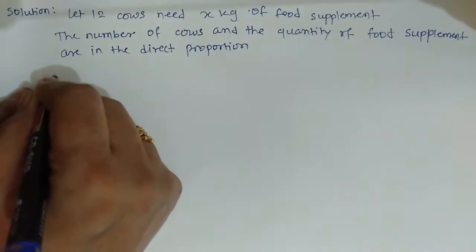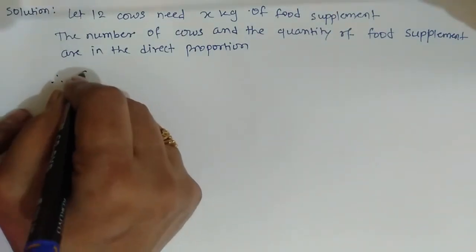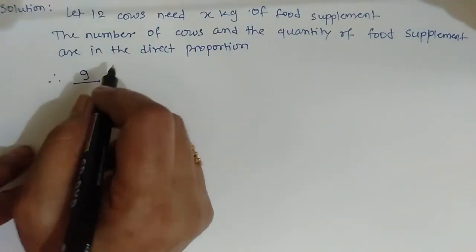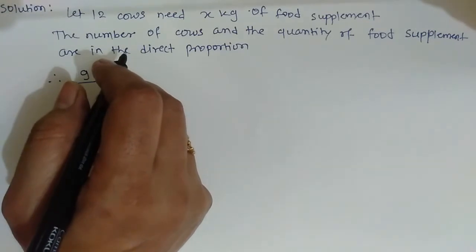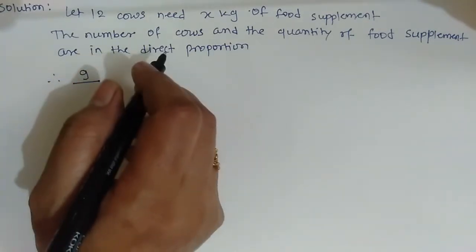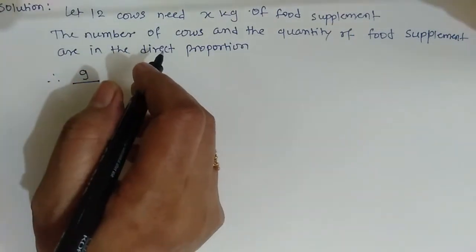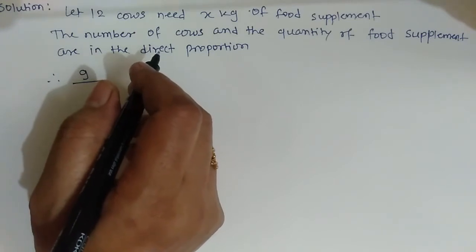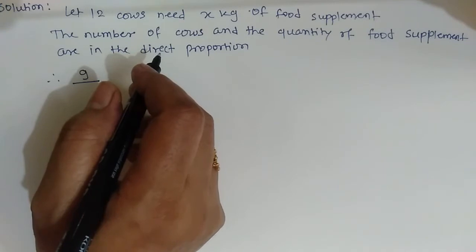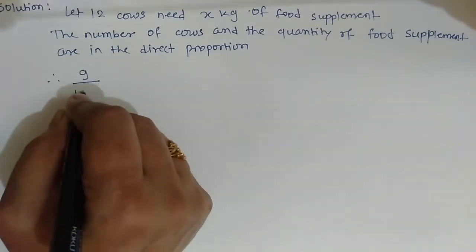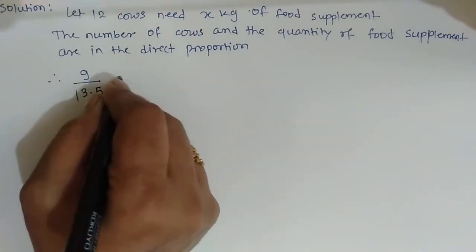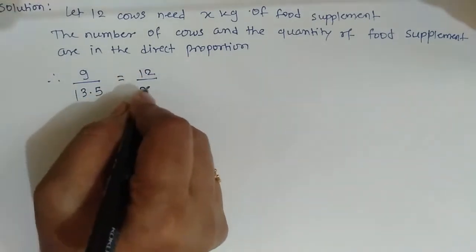So therefore we obtain the ratio 9 upon, now here the food supplement is given 13 kilo and 500 gram, means if we write it in a kilo then it is 13.5. So 9 upon 13.5 is equal to 12 upon x.